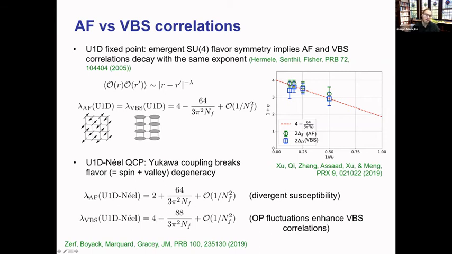So the prediction is that the correlations for the antiferromagnetic order parameter should be strongly enhanced. In fact, we have a divergence in susceptibility simply because we have a second order transition in this ordering channel, but the valence bond fluctuations will remain power law, and will not diverge in momentum space. So this big qualitative difference between the correlations, hopefully that can be seen fairly soon in the numerics in future quantum Monte Carlo simulations.